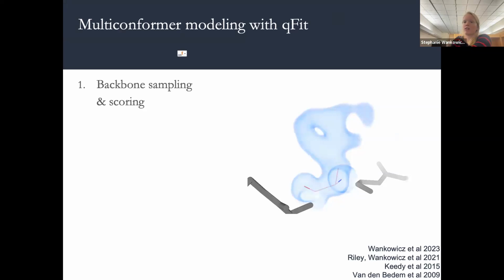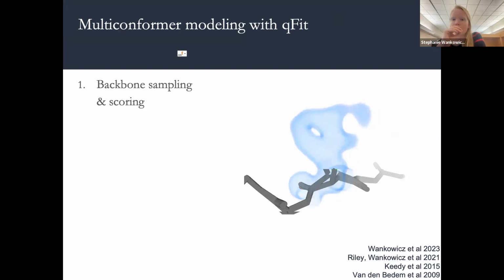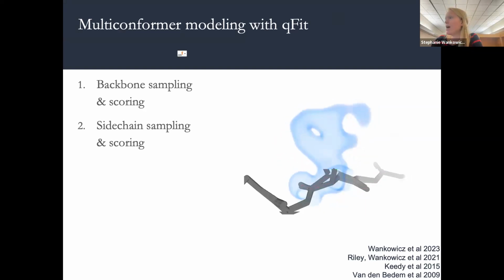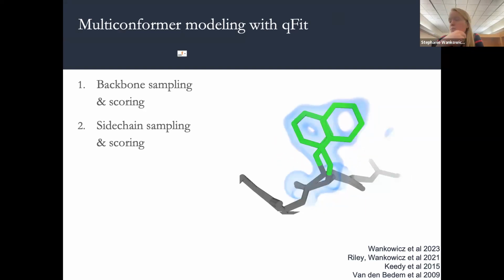So we first start with some backbone sampling, and we get all of the potential conformations. And then we use a mixed quadratic programming optimization algorithm to decide what is the best fit between all of the different conformations of the backbone and the experimental density. And then we do the same thing with side chains, sampling around, and then we can place multiple side chains if supported by the density.